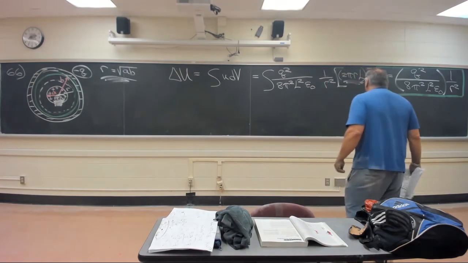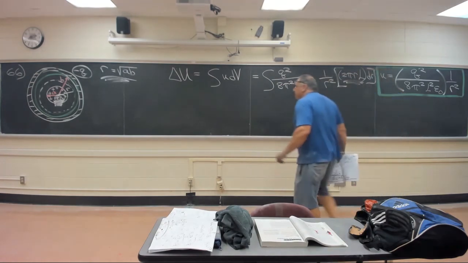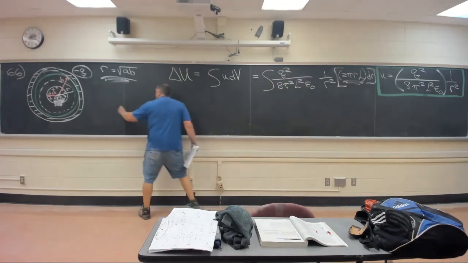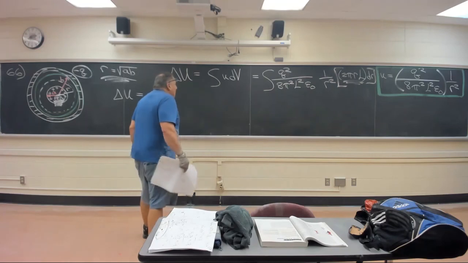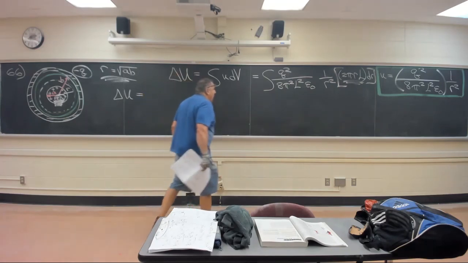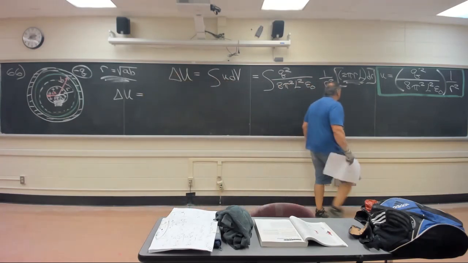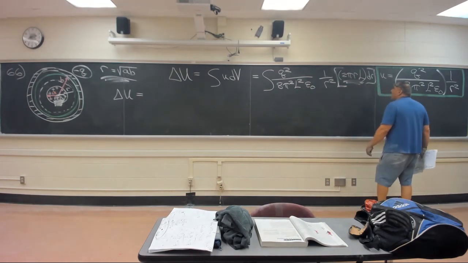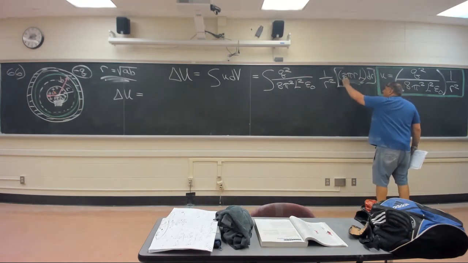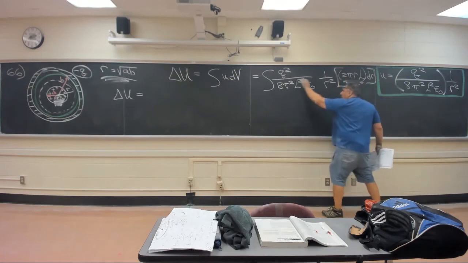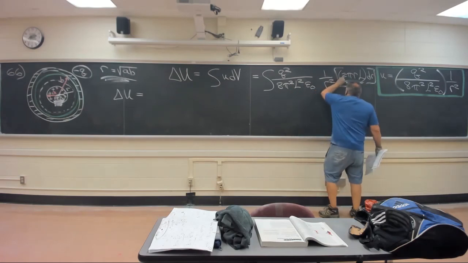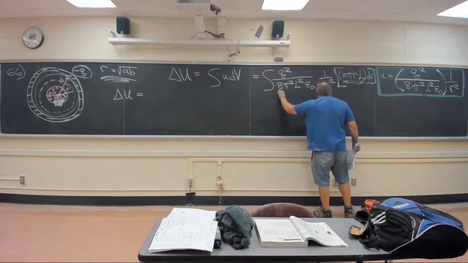There's a lot going on here. Delta U, let's see what we can say. There's a 2, there's a pi, there's an L, there's a dr. The 2 and the 8 cancel and you get a 4.